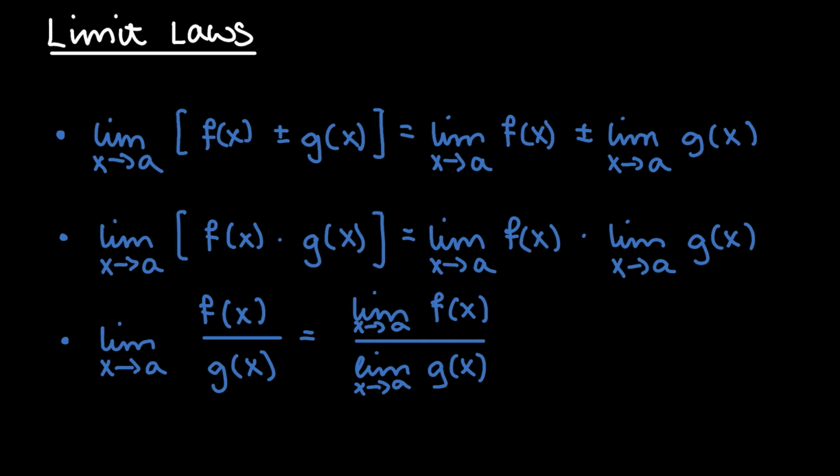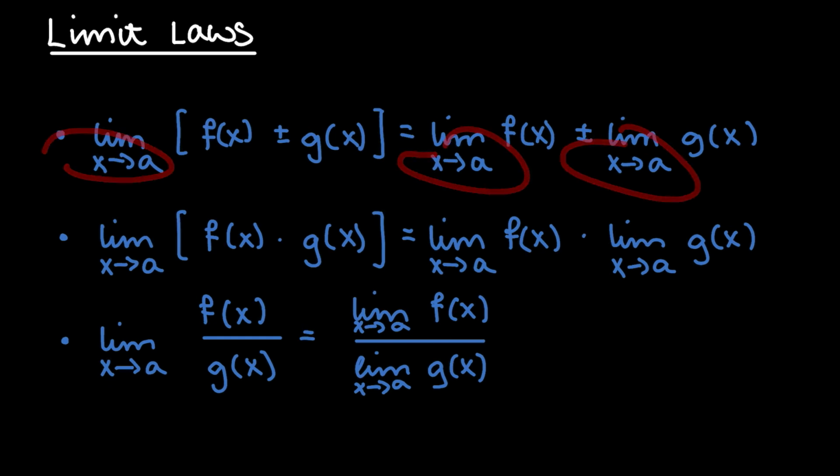So if we have the limit as x tends to some value a of one function of x plus or minus another function of x, then we're allowed to just rewrite this as the limit as x tends to a of one of the functions plus or minus, depending on whether we had plus or minus in the original form, the limit as x tends to a of the second function, or in this case, g of x.